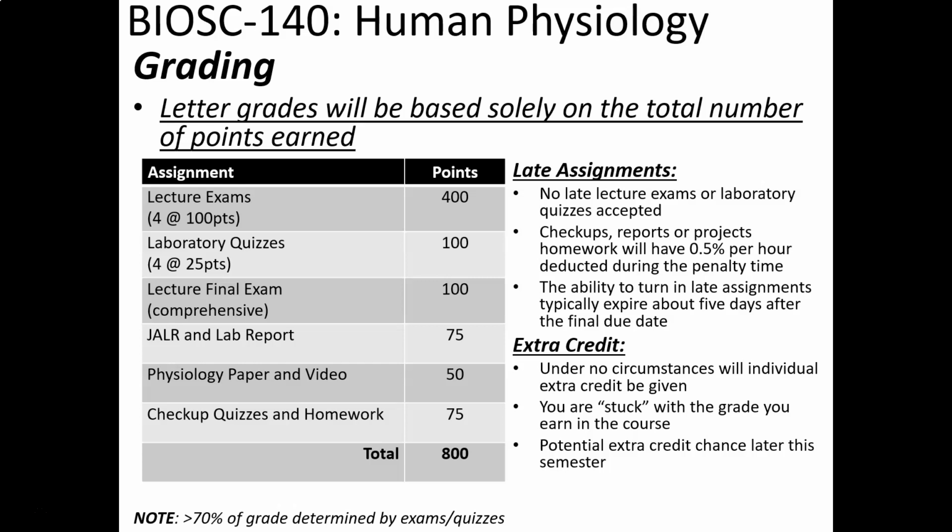Once that time has passed, then you have a penalty date, and during the penalty date you will accrue a penalty. You'll still be able to turn it in, but the penalty is programmed into Canvas, so there are no exceptions because Canvas is going to do it automatically. It's going to take 0.5% of the grade deducted per hour during the penalty time. So that's like 12% a day: 24 hours at 0.5 is 12% a day.